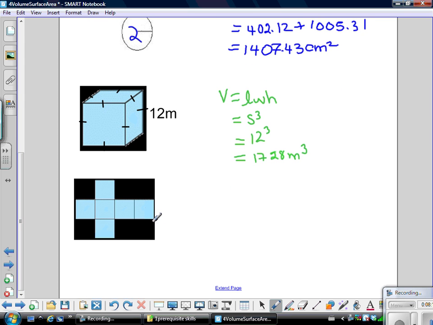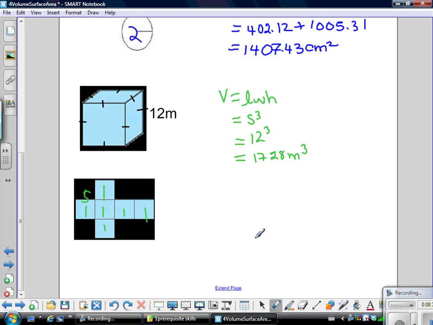Now if we look at the surface area, every single one of the faces is identical, so the area of each is s times s. That's supposed to be an S, I know it doesn't look like it. You can see we have 1, 2, 3, 4, 5, 6 sides that are identical.